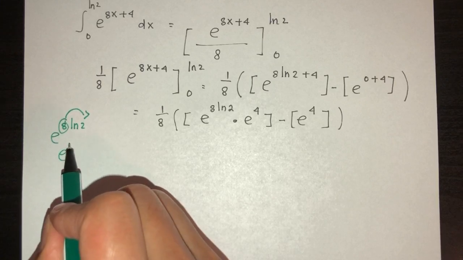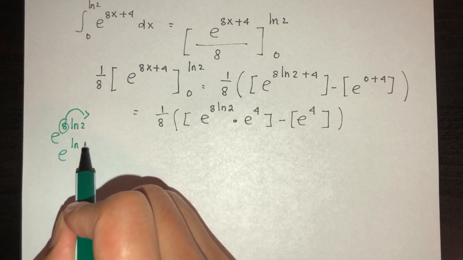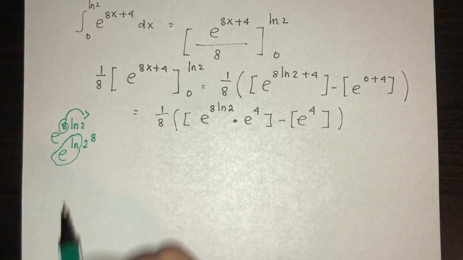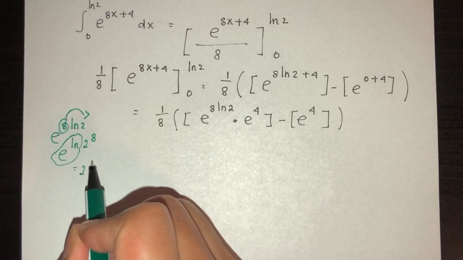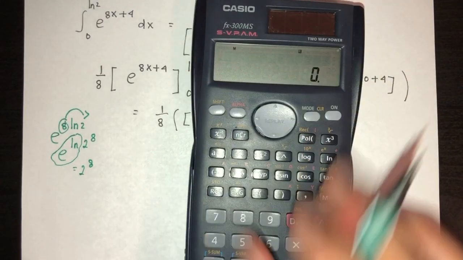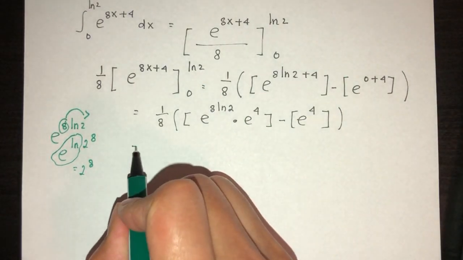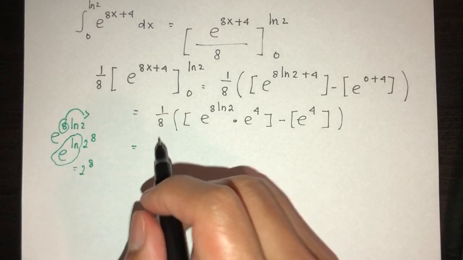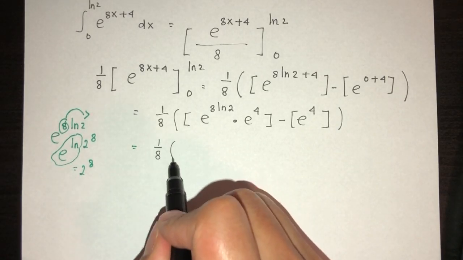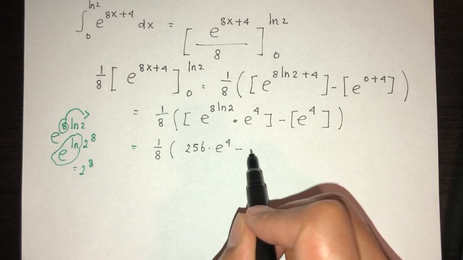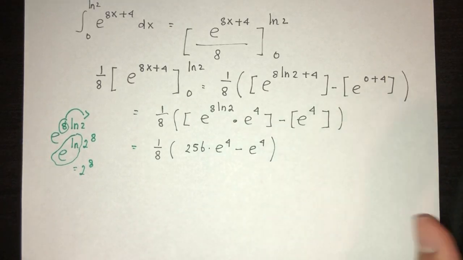So you will have e to the ln of 2 power 8. Now these two will cancel out, and you will have 2 power 8 remaining. So 2 power 8 is what? It is 256. So your answer will be 1 over 8 times 256 times exponential 4 minus exponential 4.